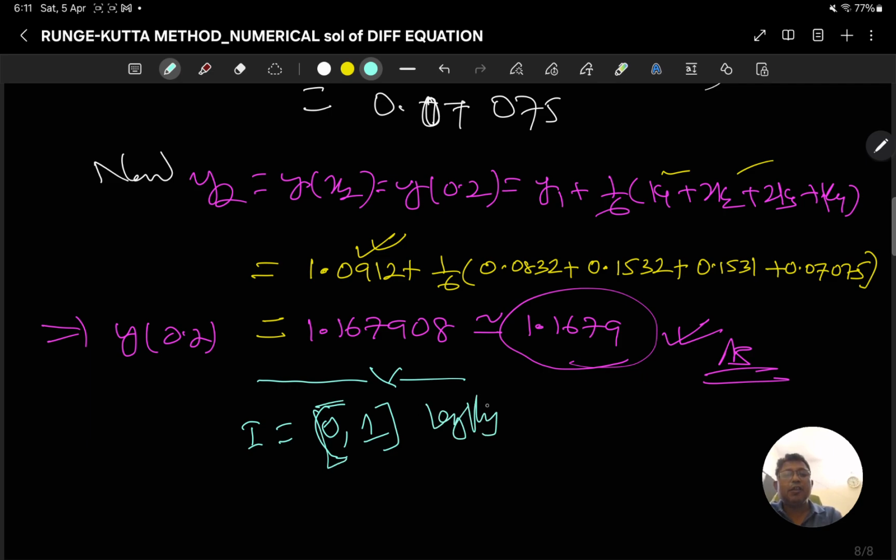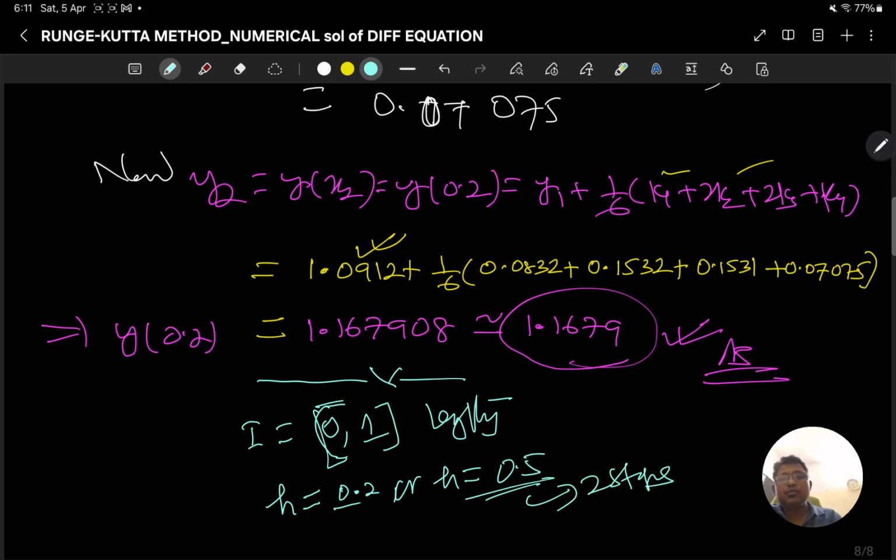So the choice of h, we may choose h as 0.2, or we may choose h equal to 0.5. If I choose this, we need 2 steps to perform. If I choose this, we need 5 steps to perform. If I choose h equal to 0.1, then we have to perform 10 steps, right?